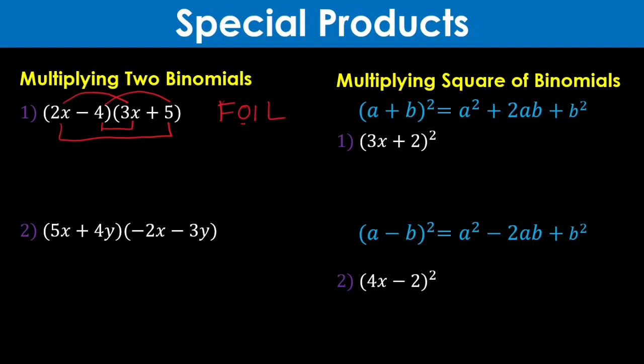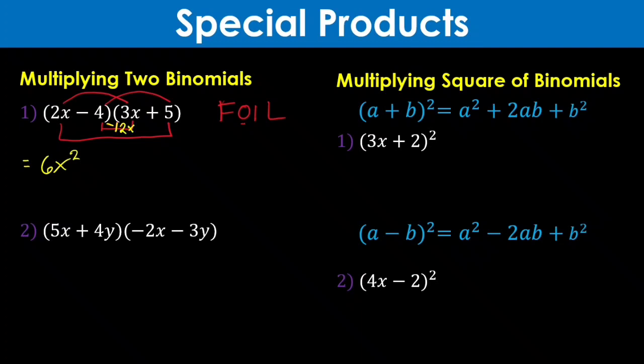So the first terms, 2x times 3x, is equal to 6x squared. Then the inner terms, negative 4 times 3x, is negative 12x.